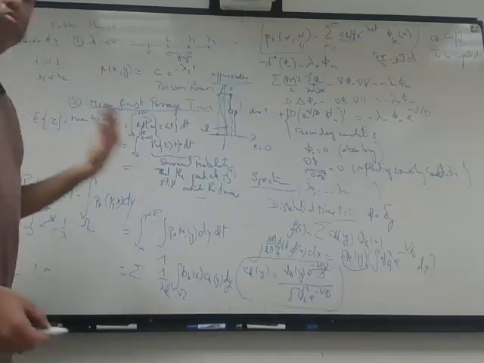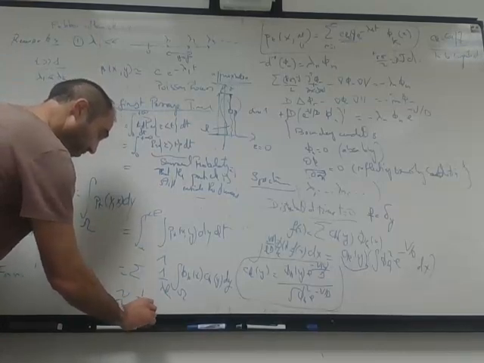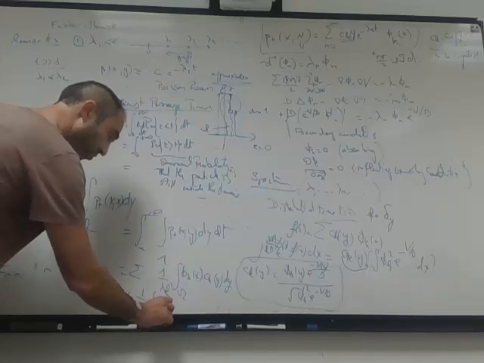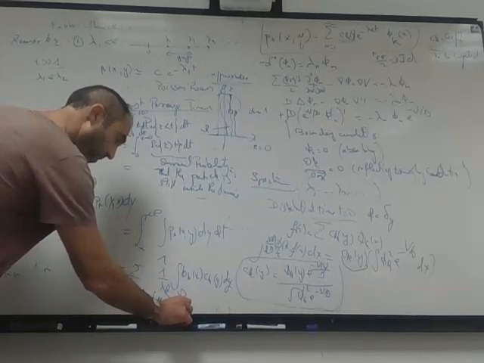However, if I have only one, I can use the approximation. It's only 1 divided by lambda 1, phi 1 of x, psi 1 of y dy.